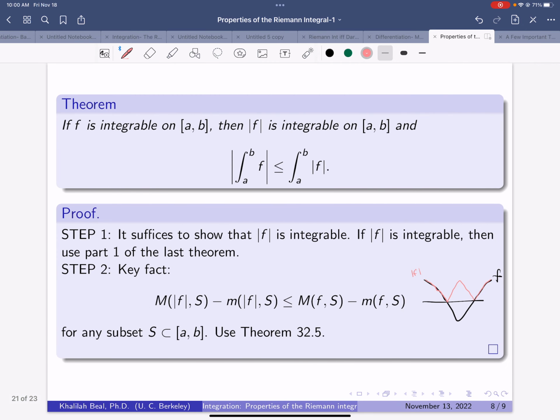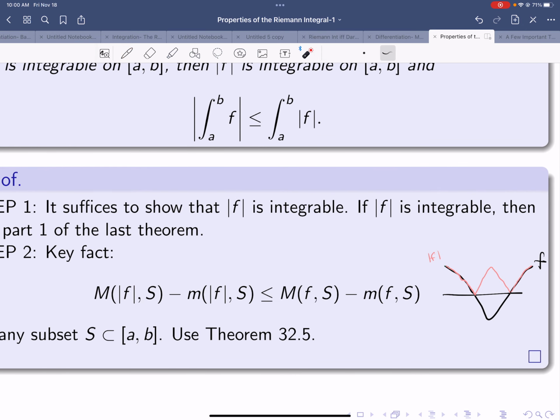And what we're saying is that, look at the picture here, the sup minus the inf of the pink has to be less than or equal to the sup minus the inf of the black. And that makes sense because when you're looking at the absolute value of f, your numbers have to be closer to each other, right? Your numbers aren't going to be further apart than if you're looking at the original set.